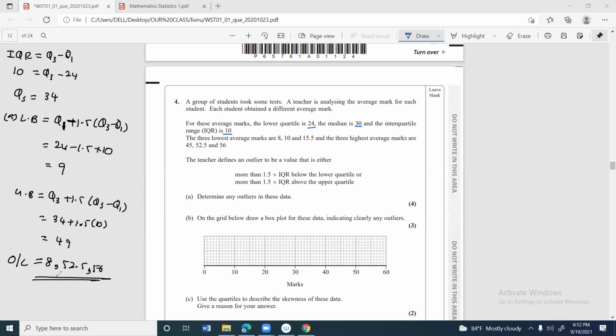On the grid below, draw the box plot of this data. Okay, we'll try to work this out. Initially, we know the lower quartile is 24. I will mark it here. The median is 30, it's here, and the upper quartile is 34.